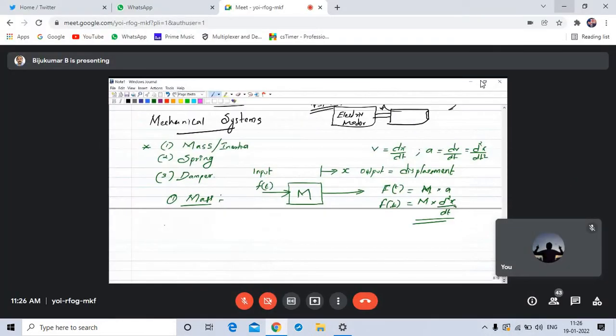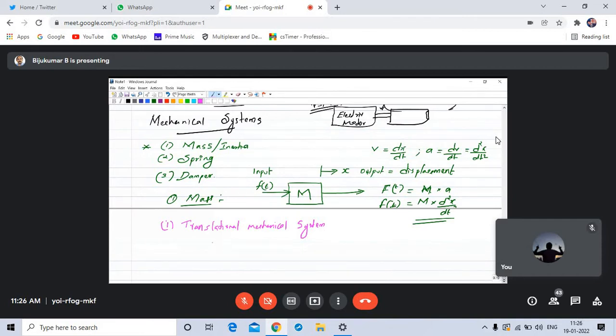Mechanical systems are of two types. One is the translational mechanical system, right?